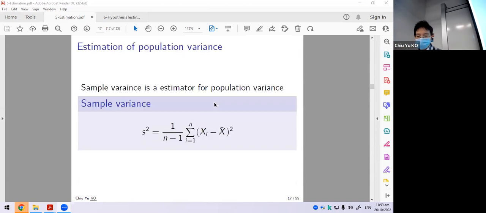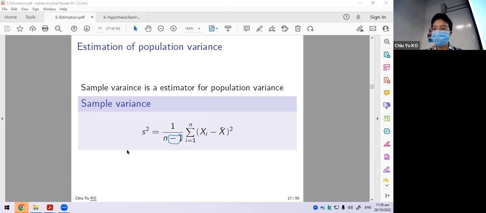So the next one is the sample variance. What to remember here is why we have n-1 instead of n. My first answer has several layers, with increasing complexity.